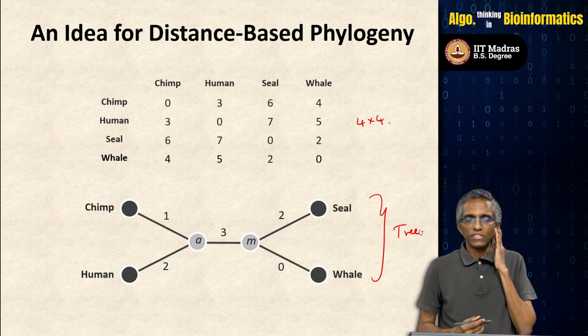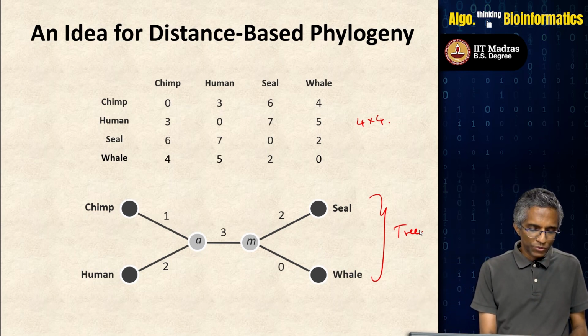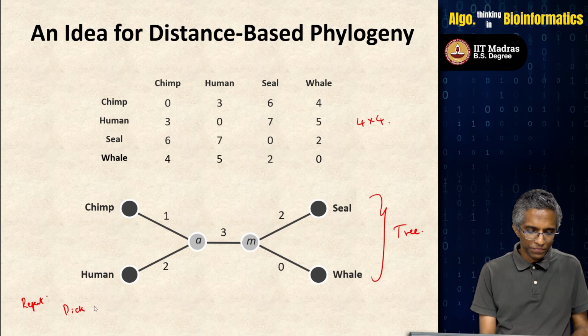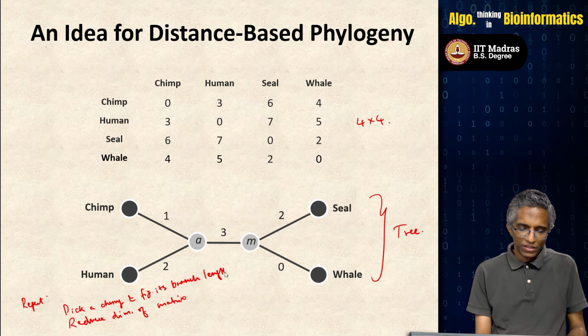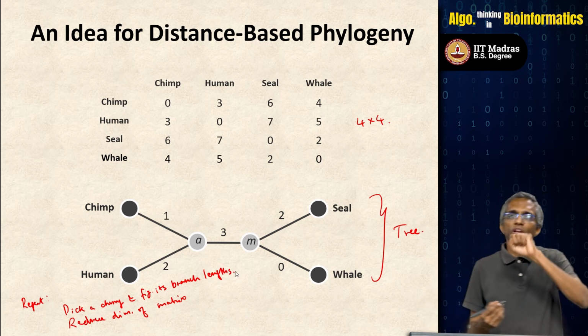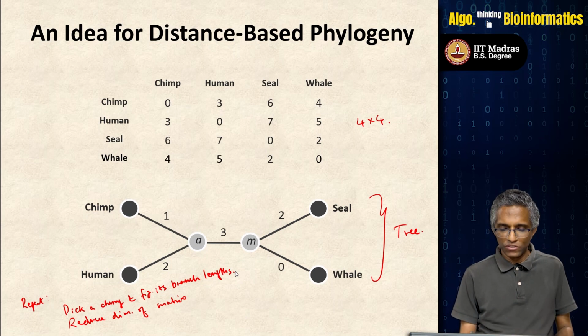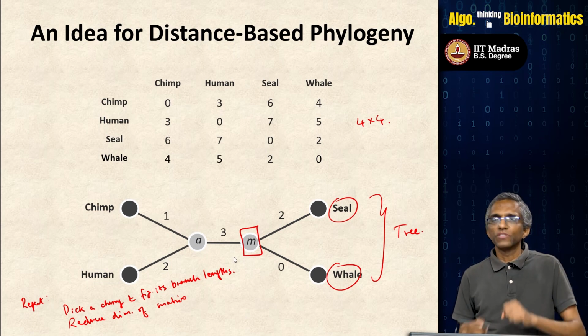So, this idea for distance based phylogeny is this concept of repeating these two procedures: pick a cherry and figure its branch lengths, and then reduce the dimension of the matrix by collapsing the query into the common neighbor node. So, this seal and veil, you collapse into M and you remove seal and veil, so that you get a smaller distance matrix.